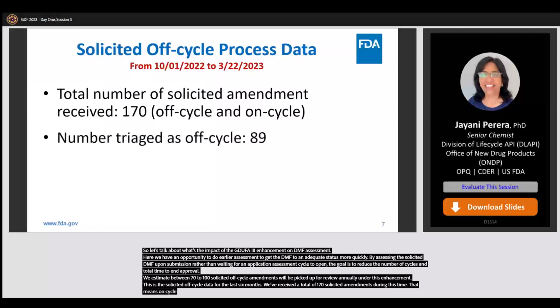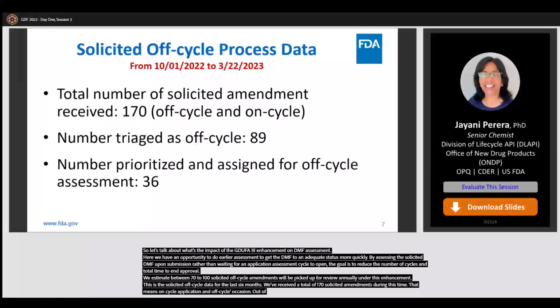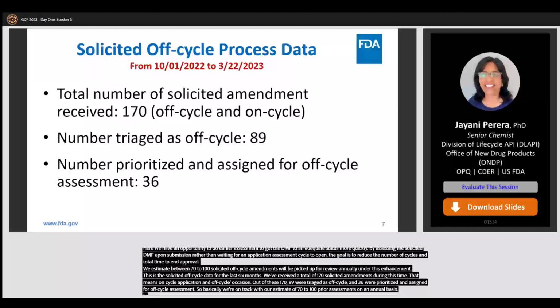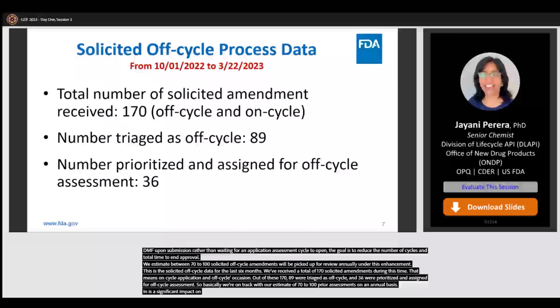Out of these 170, 89 were triaged as off-cycle, and 36 were prioritized and assigned for off-cycle assessment under GDUFA III. So basically, we are on track with our estimate of 70 to 100 prior assessments on an annual basis. This is a significant impact on the DMF assessments since we are picking up a significant number of solicited off-cycle amendments under GDUFA III.